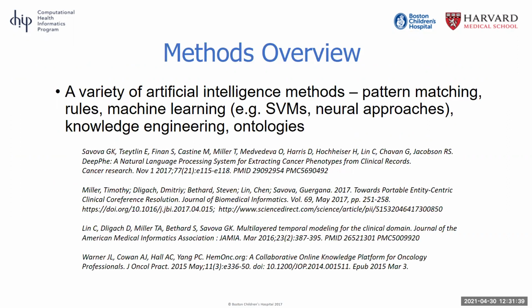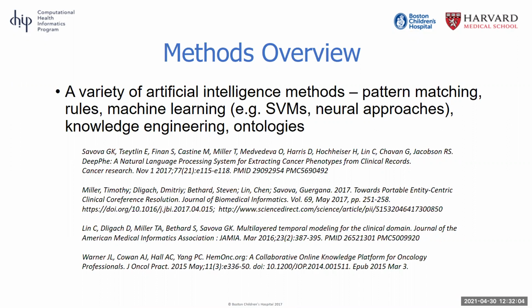I always say that because this is such a difficult task that touches almost every single problem within the NLP community, we are using a variety of methods to solve the task. So we are not focusing only on one specific method.